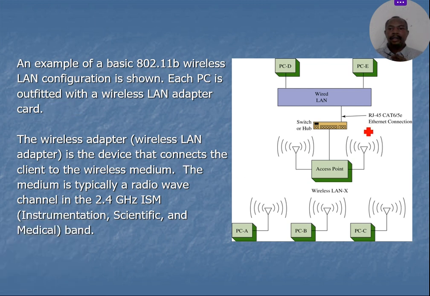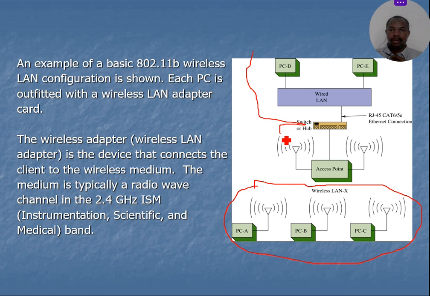What you see on the screen above is an example of both a wireless network, what we call a WLAN, and a wired network. This aspect is called the wireless network, and then you can also see the wired network, with a hub.